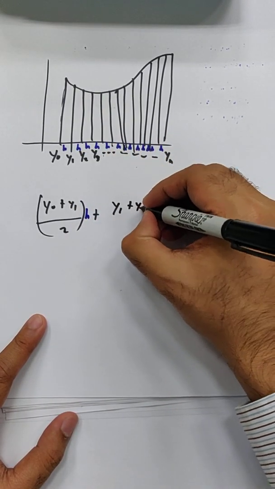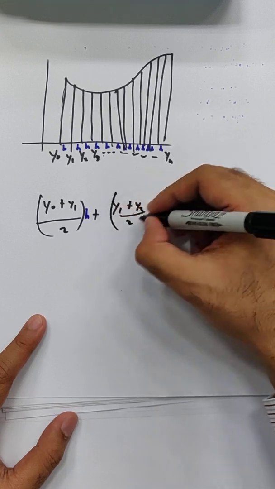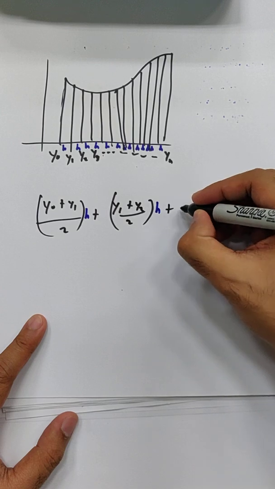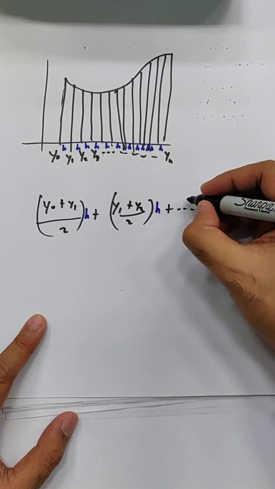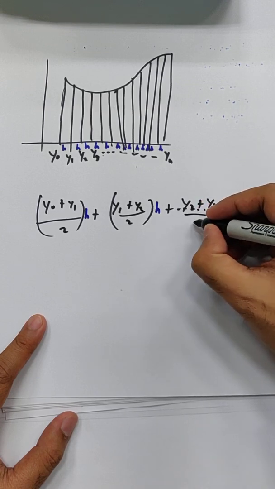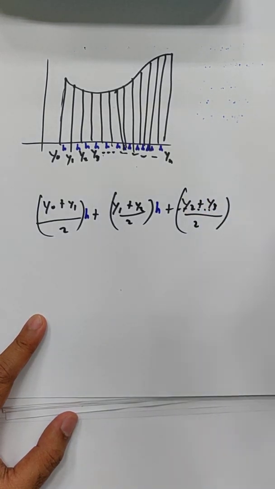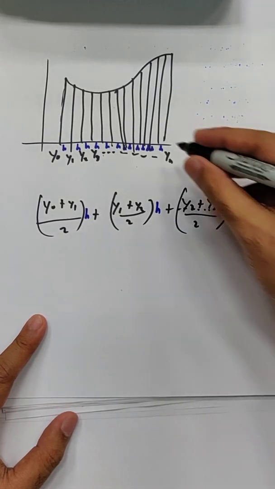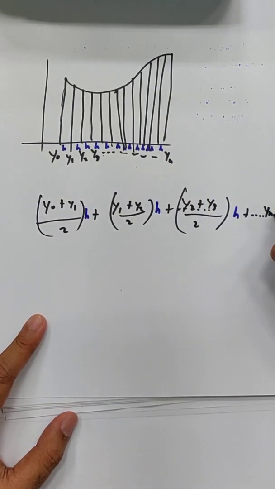Just some backstories, okay? Plus and so on. You can add some more, y2 plus y3 over 2 times h. And finally, if I repeat this many times, I get myself yn minus 1 plus yn over 2 times h.